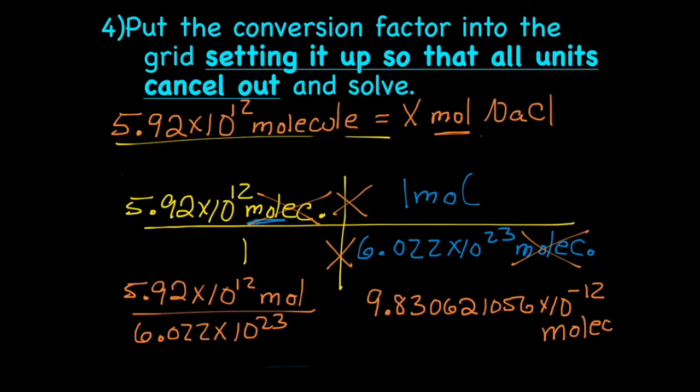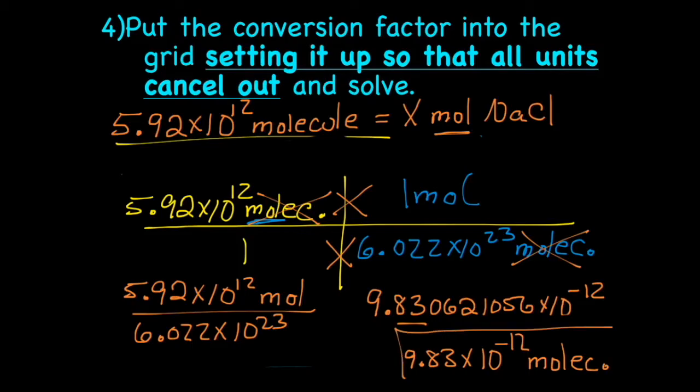And we'll just keep 2 digits after the decimal. So our final answer is 9.83 times 10 to the negative 12th molecules. Okay. So that is how you do unit conversions between molecules and moles.